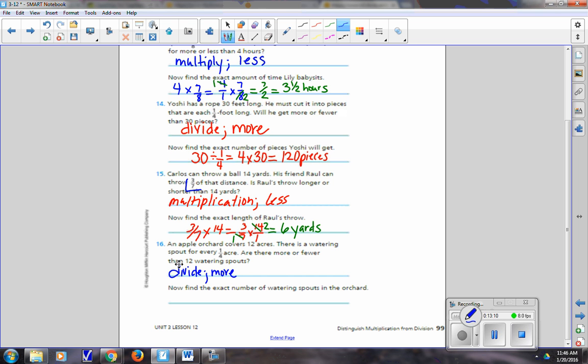Because what this is asking is how many quarters are in 12. So you have 12 divided by 1/4, because I want to know how many fourths are in 12. And I know that that is the same as 12 times 4, 48 watering spouts.